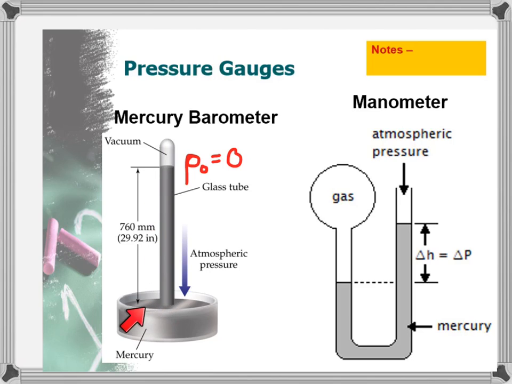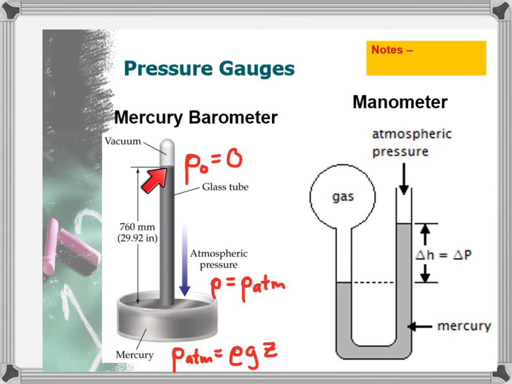You have mercury inside a bowl, and air pressure is pushing down on it. So the amount of pressure down here is atmospheric pressure. And what you do in a barometer is you actually make a vacuum here so that there's no pressure there. So P0 is equal to 0. The P at the bottom is equal to atmospheric pressure.